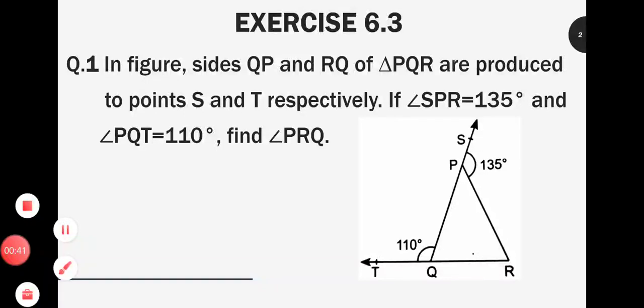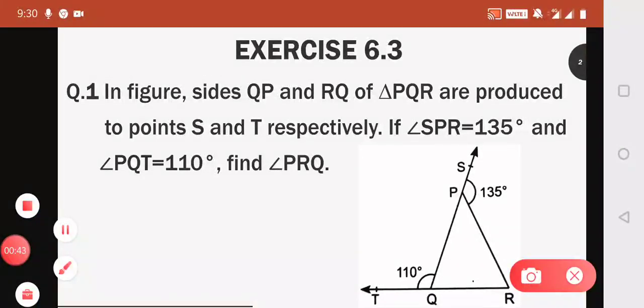We can see in the figure that angle SPR, that is this angle, is given as 135 degrees. Angle PQT, that is this angle, is given as 110 degrees. And we have to find angle PRQ, that is this angle.